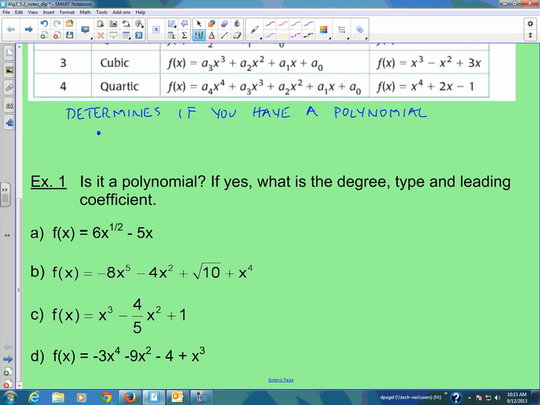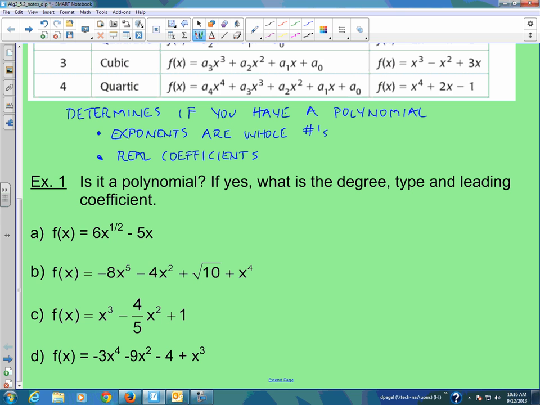So thing number 1, our exponents must be whole numbers. All right, whole numbers, positive counting numbers on our number line. No fractions, no decimals, no variables. The second thing that determines whether or not something is a polynomial is we must have real coefficients. So no imaginaries. If we have those 2, then we have a polynomial.